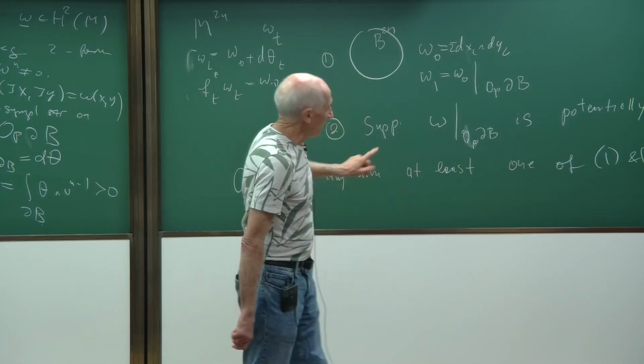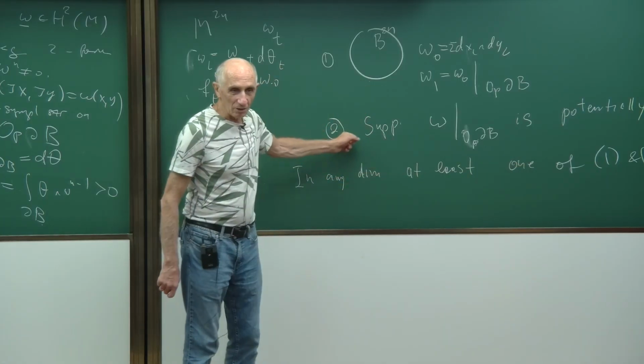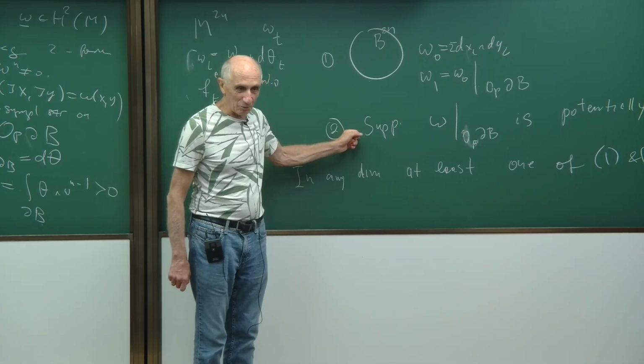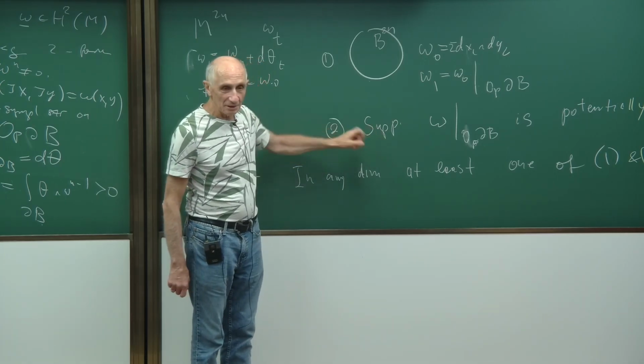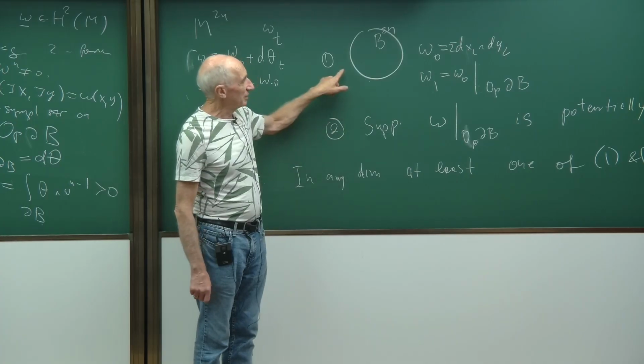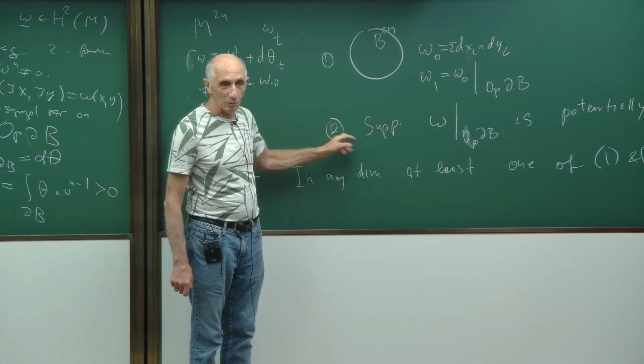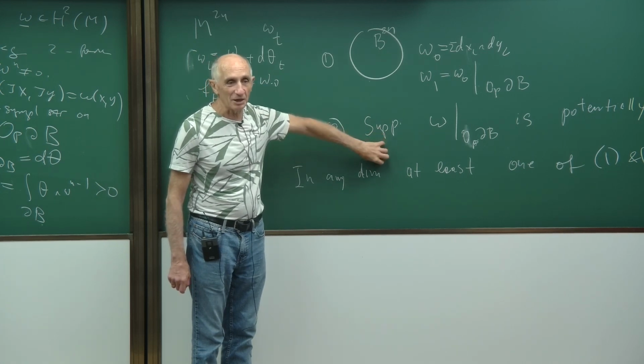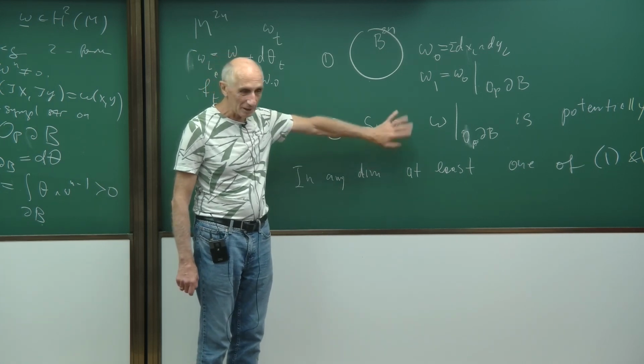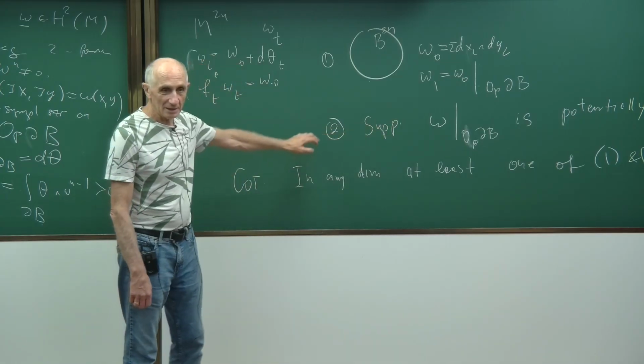But I think I slightly overstated what I can prove. Probably I need to formulate this not just for the case of one standard form, but for any two forms which are equal on the boundary. But anyway, let's see.